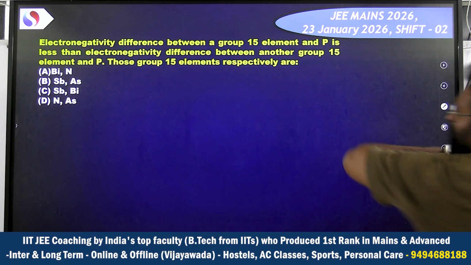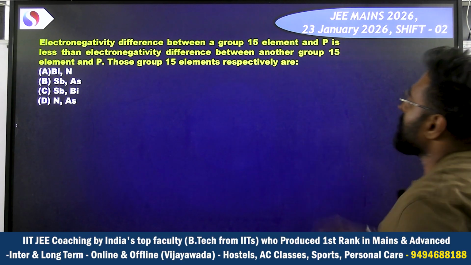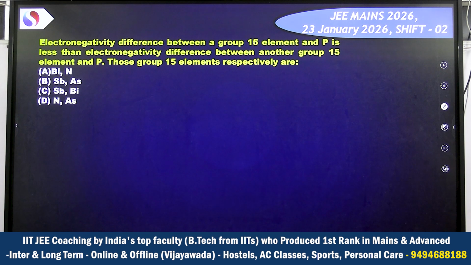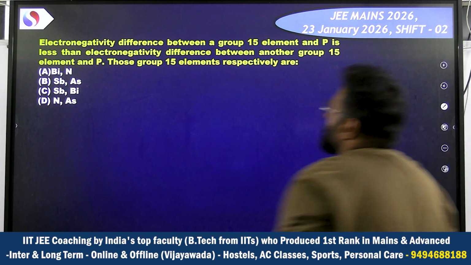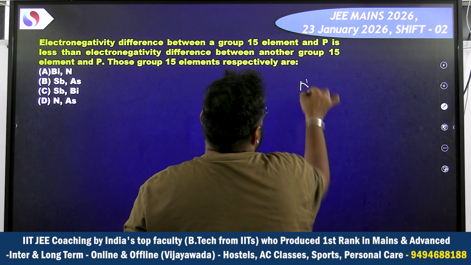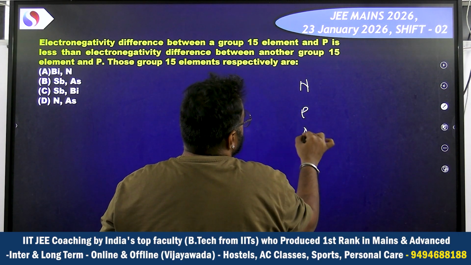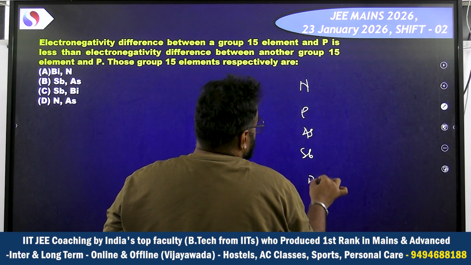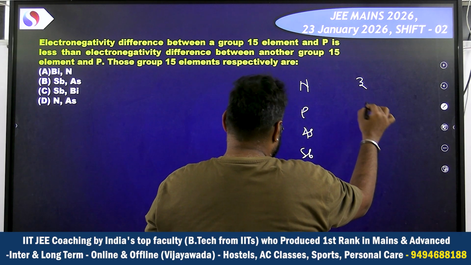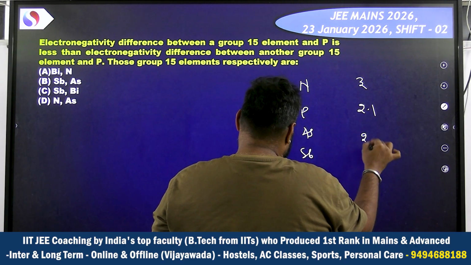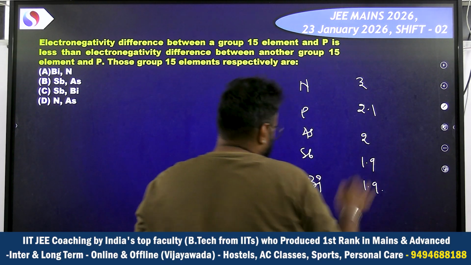Direct NCERT question. Next, the electronegativity difference between group 15 elements and phosphorus is less than the electronegativity difference between nitrogen and the other group 15 elements. This is a database question. Electronegativity values are 3, 2.1, 2, 1.9, 1.9.